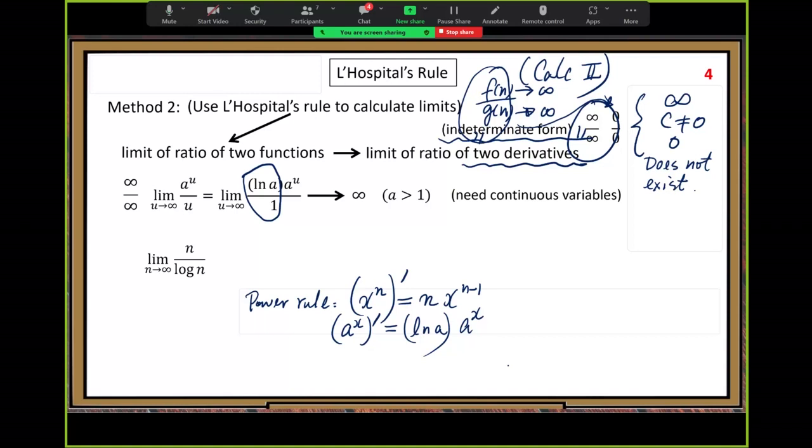This time we do not use the variable substitution form, u. Here we go back to the original form with log function, the original ratio form, n over log of n, when n goes to infinity.